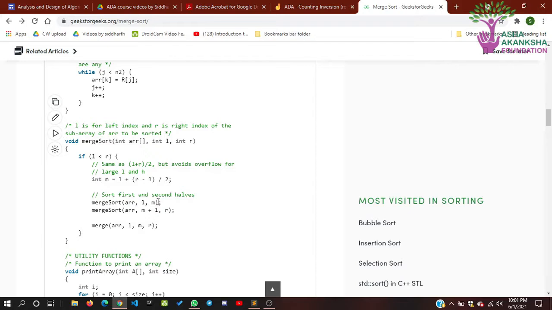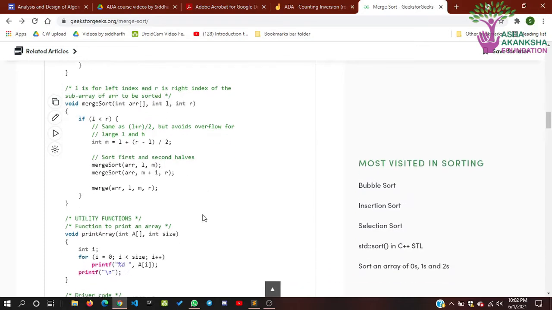That is, we have divided the array to be sorted into two separate parts. The first part will be called the left part, and the second part will be called the right part. The left part is from the lower index to the middle index, and the right part is from middle plus 1 index to the uppermost index.